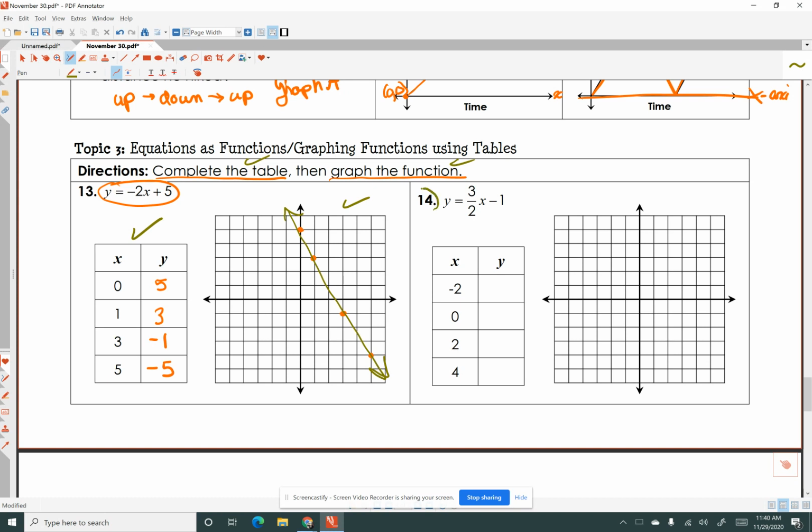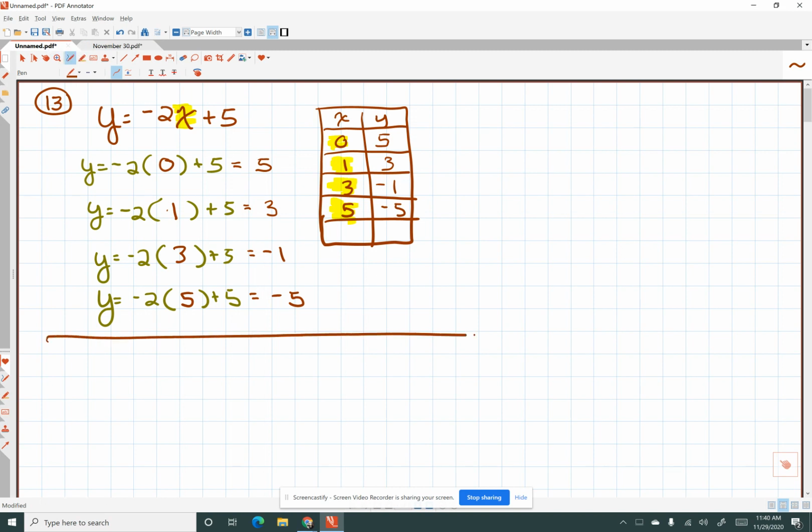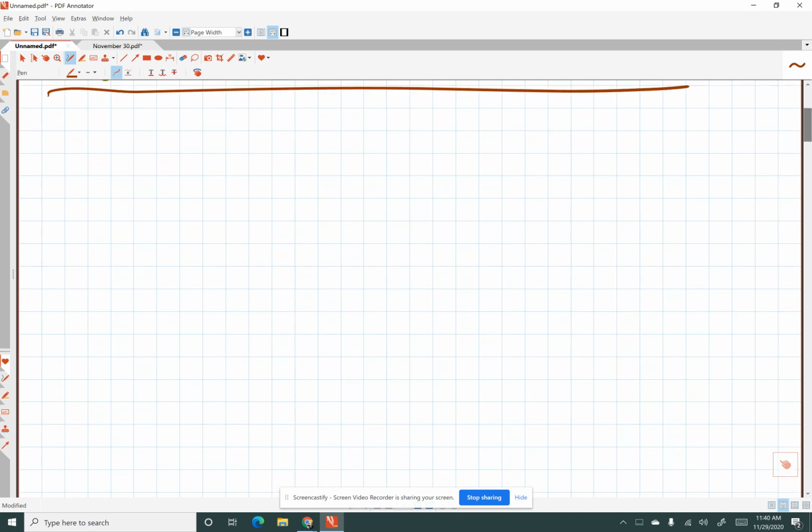So moving on to number 14, y equals 3/2 x minus 1. So let's use our scrap paper here. That's number 14. Y equals 3/2 x minus 1. Fractions should not be a big deal for you.